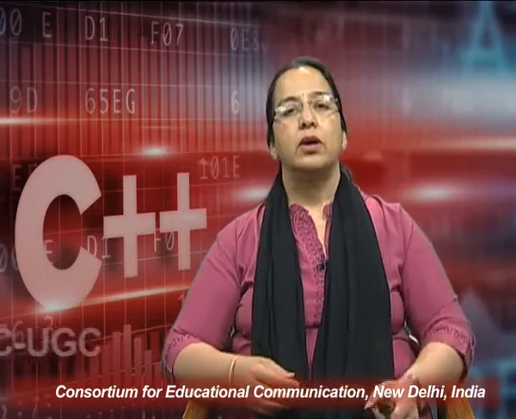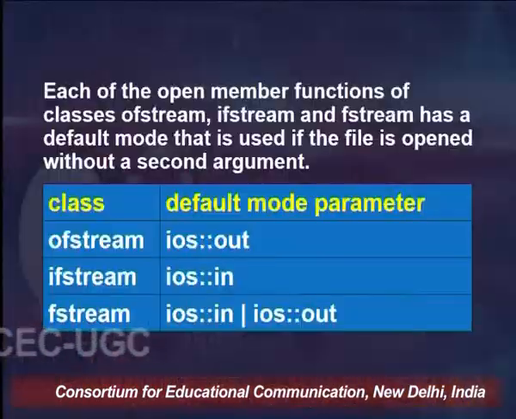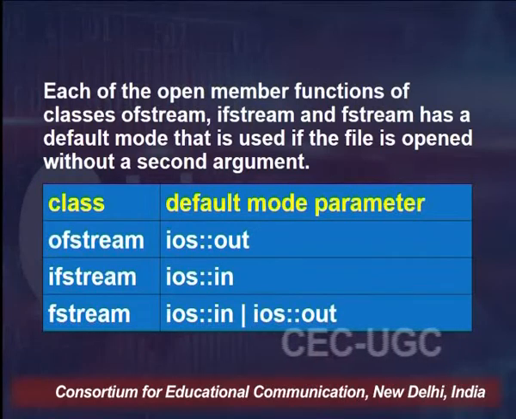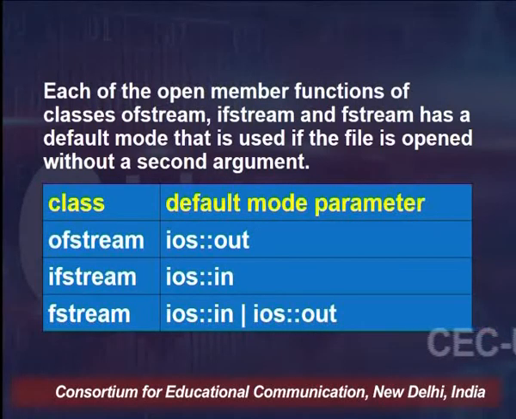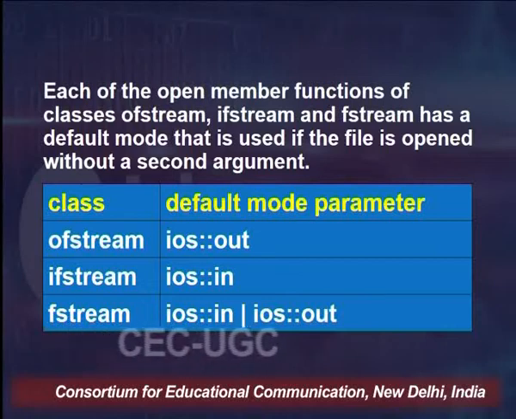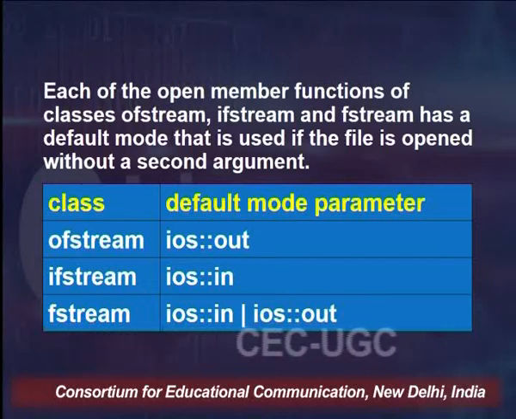Now if you remember, I have used one mode which is ios::in. Now let us try to see what this ios::in is. We need to drill down into this. Each of the open member functions of the classes ofstream, ifstream and fstream has a default mode, and we discussed this in our previous lecture.